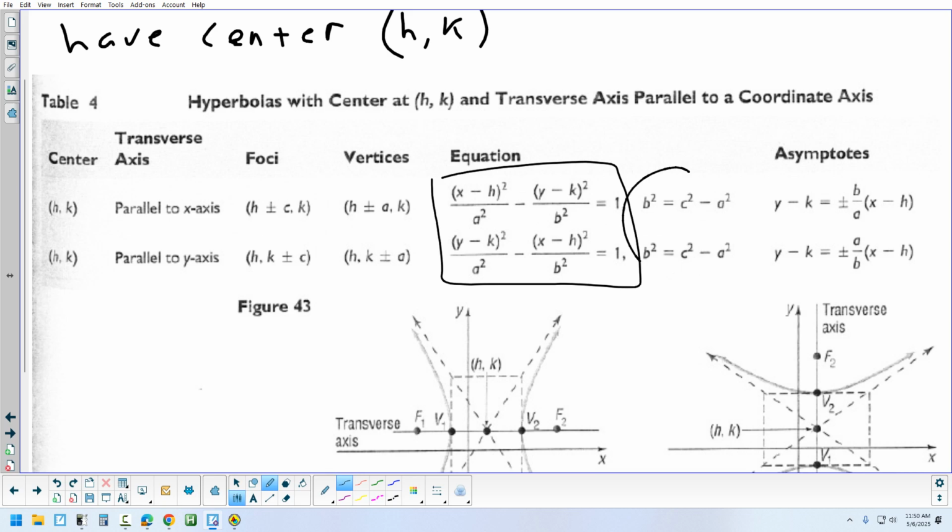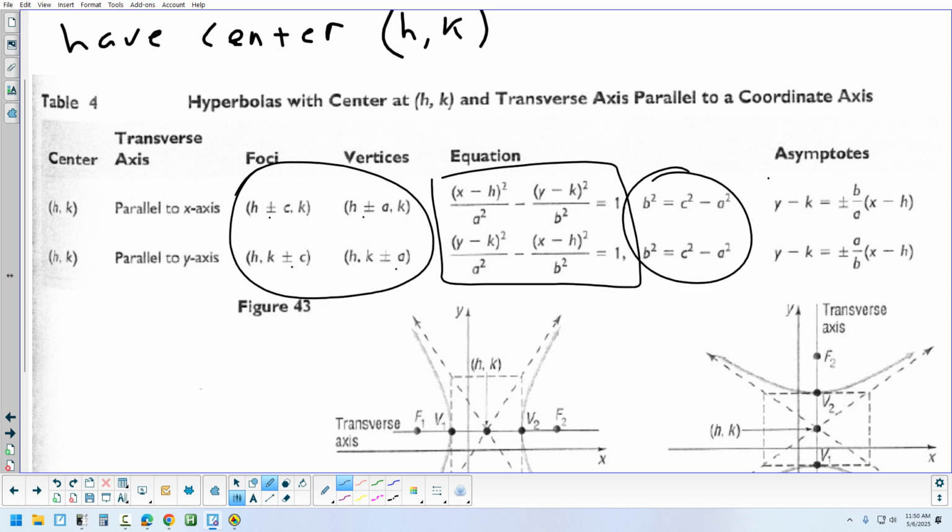This is just what I told you rearranged. I say C squared equals A squared plus B squared. They wrote it in a different order. This I can figure out automatically as long as I know which way the transverse axis goes. Is it A units up and A units down? Is it A units left or is it A units right? Left and right, up and down. Same with the focus. Is it left and right or is it up and down? Okay, we can figure that out ourselves.